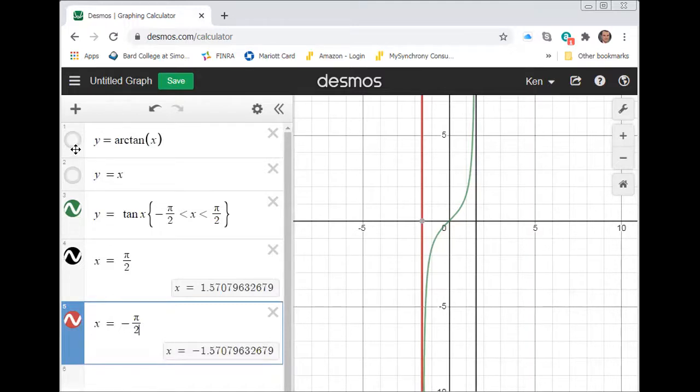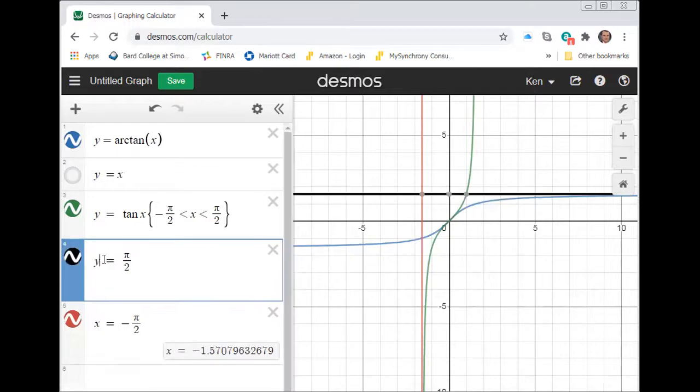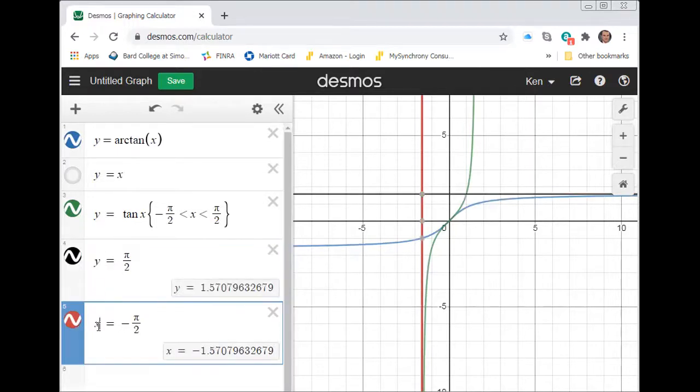And when you take the inverse function, these are going to change to y equals pi over 2 and y equals negative pi over 2, because x and y switch when you take the inverse. And you can see that these vertical asymptotes become horizontal asymptotes for arctangent.